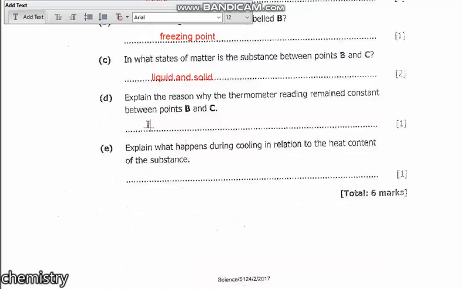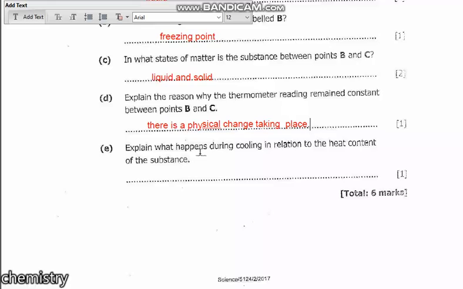So here, there is a physical change taking place there. That's why we have a constant temperature.